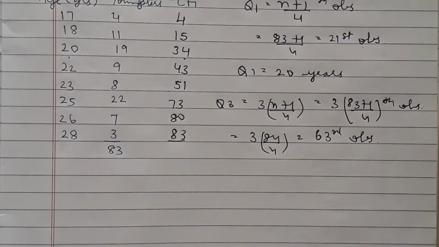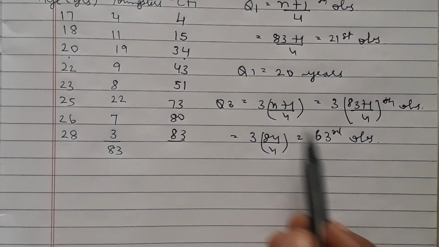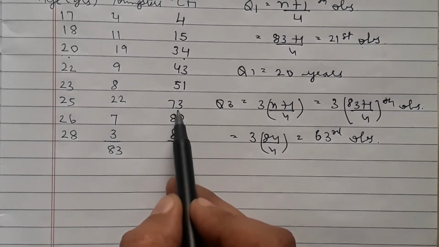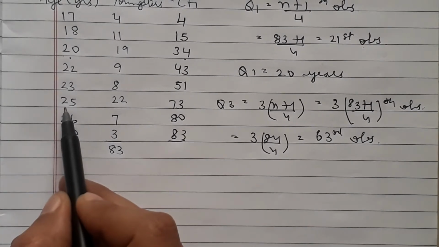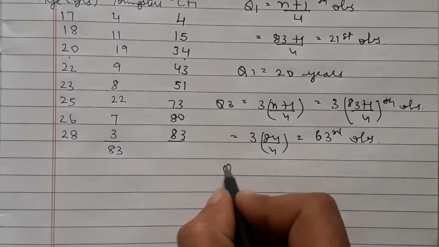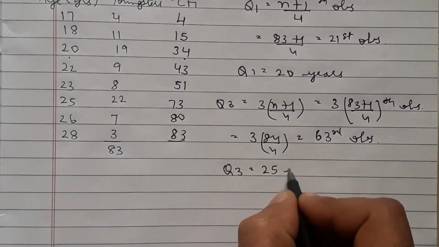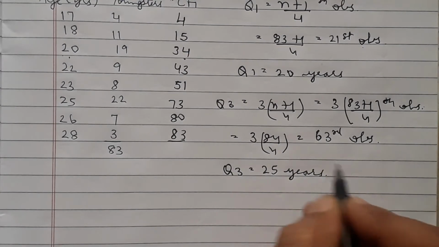Now again finding this 63rd observation in the CF, we see the 63rd observation lies in this class. So the value for Q3 will be 25. Q3 is 25 years.